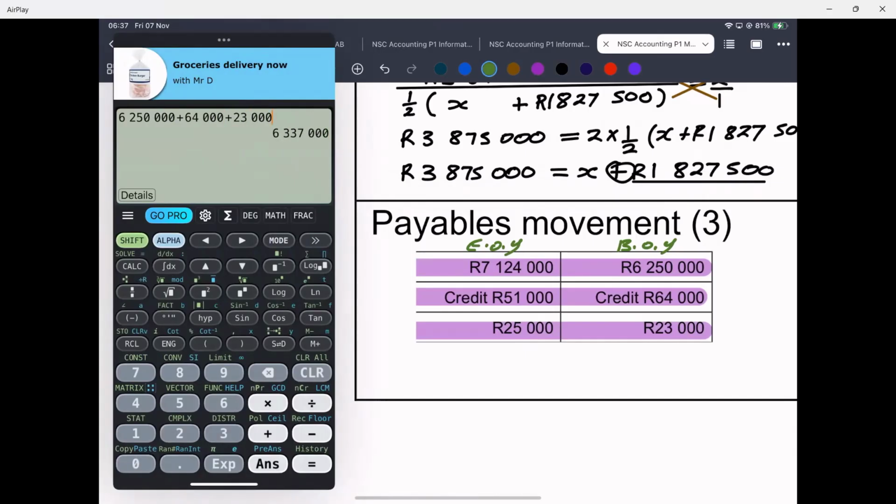It gives us 6,337,000. Then 7,124,000 plus 51,000 plus 25,000. It'll give us 7,200,000.